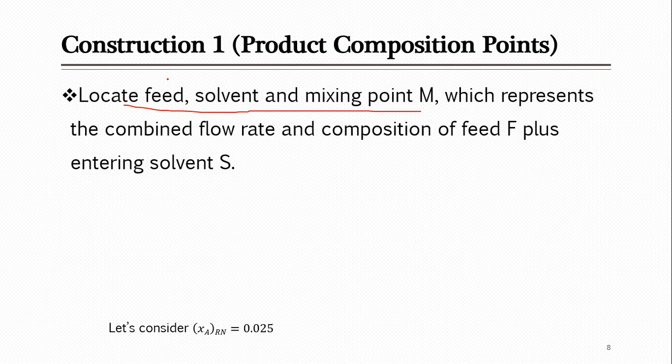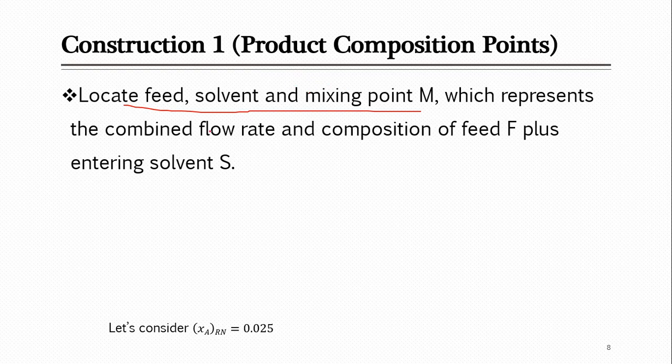Before locating these points, that diagram was available in terms of the binodal curve, which I was just talking about on the last slide. You should have the binodal curve or miscibility data at equilibrium, and on that diagram you can now locate your feed, solvent and mixing point data.